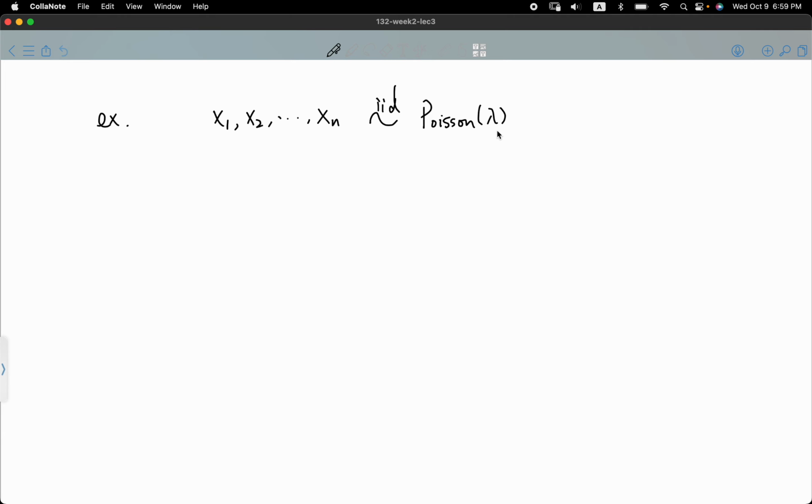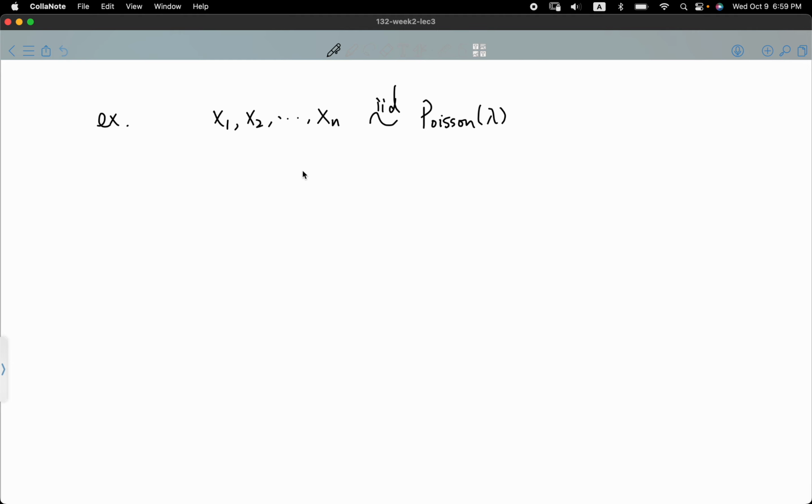Note that here we are not going to use a subscript to distinguish them anymore, because they are all identically distributed with the same Poisson distribution, or with the same parameter here.